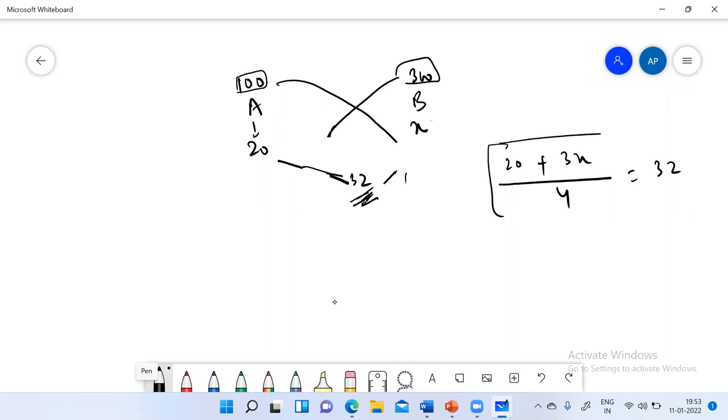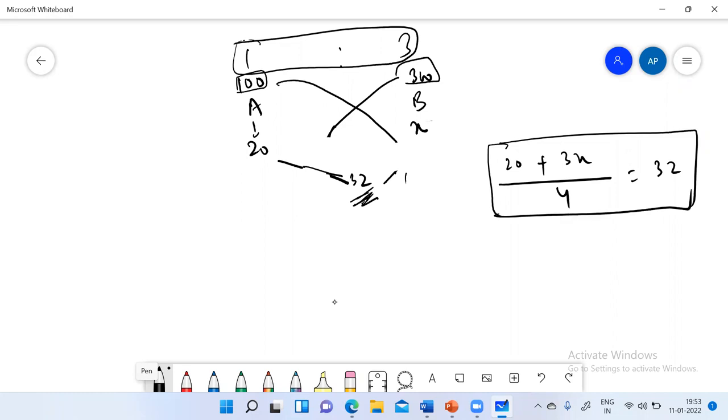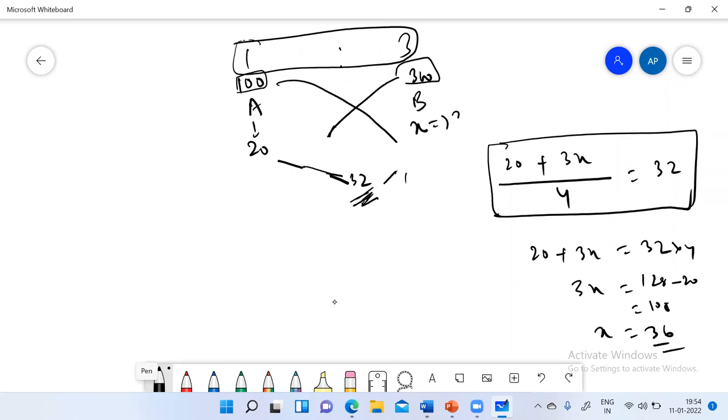If we had taken only the ratio 1:3, we could have done it in the normal way too. So 20 plus 3x is equal to 32 into 4, and 3x is equal to 128 minus 20, which is 108, and x is equal to 36. So we could have calculated the value of x as 36 also.